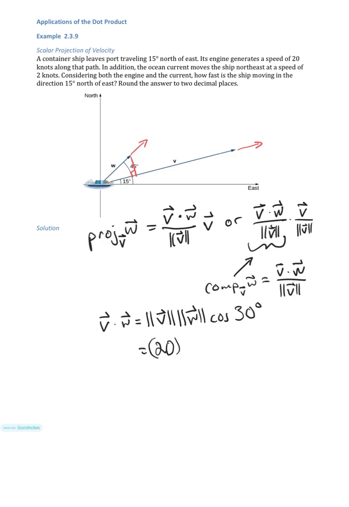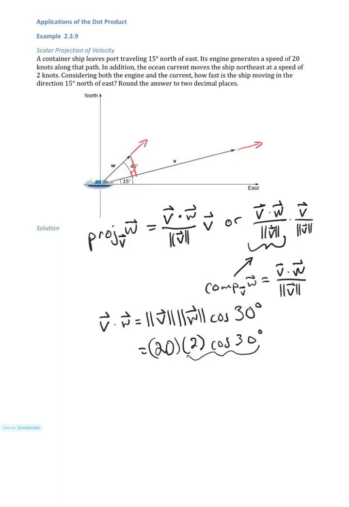The magnitude of W is the 2 knots. Cosine of 30 degrees. So in this sense, you're getting kind of only a portion of the 2 knots, because you're going to be multiplying that by cosine of 30.